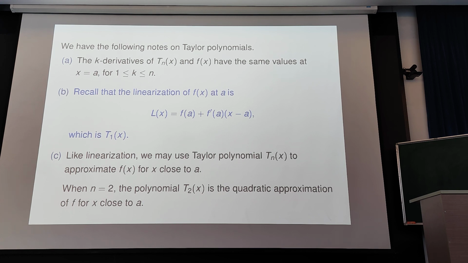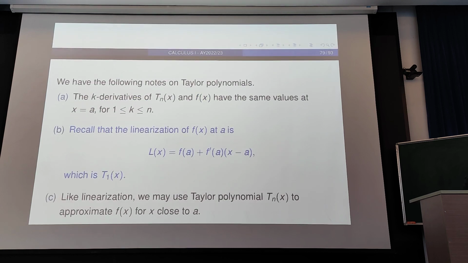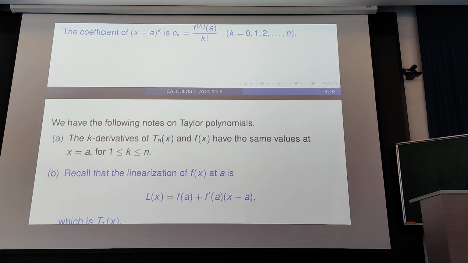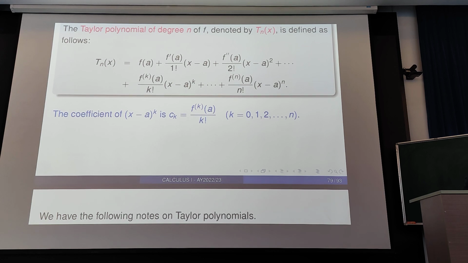Okay, so we have here some notes on the Taylor polynomial. The kth derivatives of Tn and f(x) have the same value at x equals a. So you can verify this statement by looking at this formula.